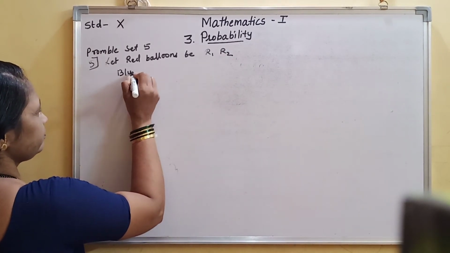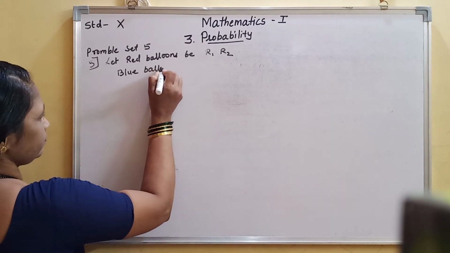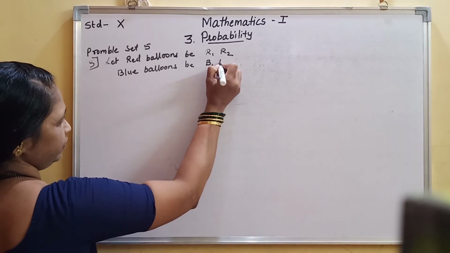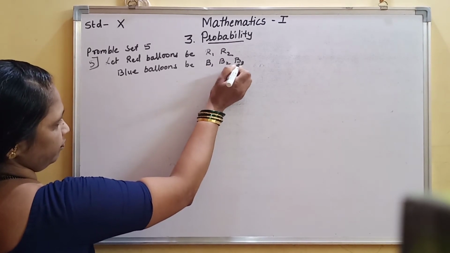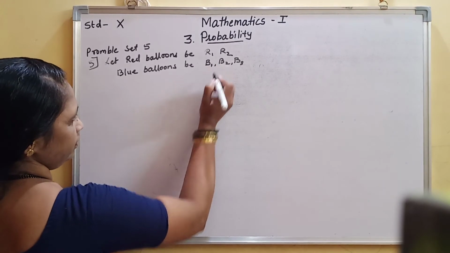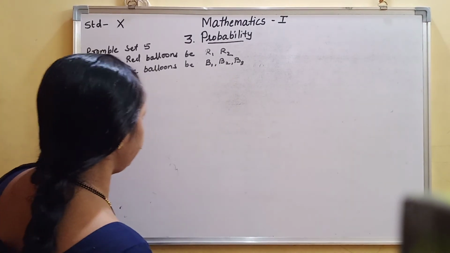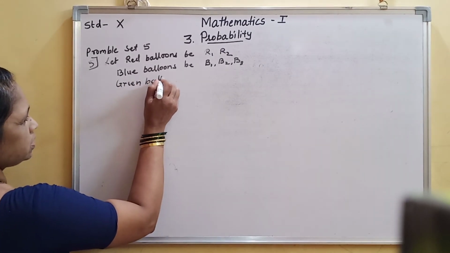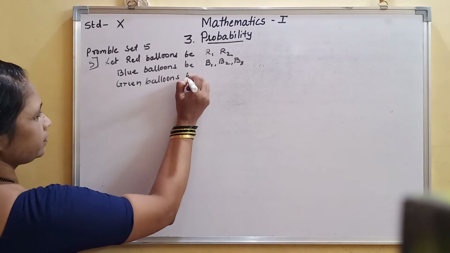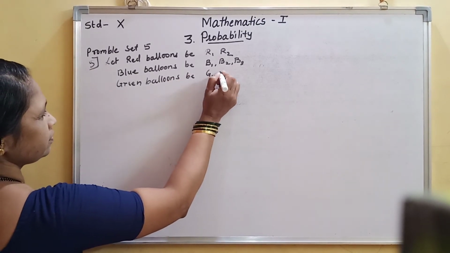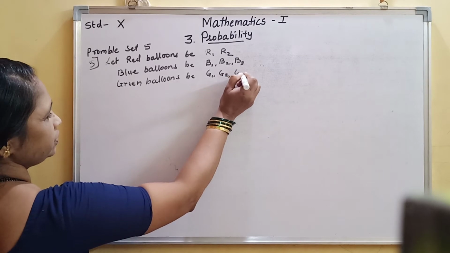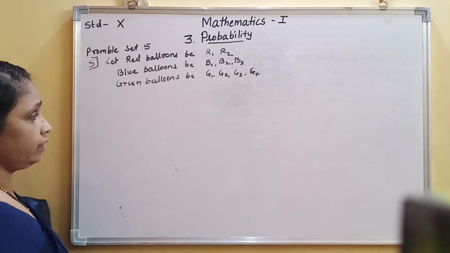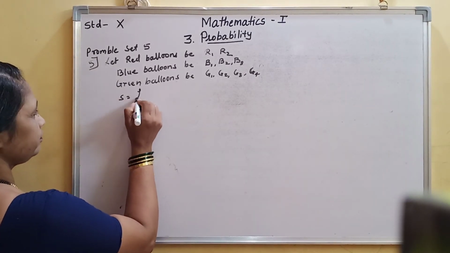Blue balloons be B1, B2, B3, 3 balloons are there. And green balloons G1, G2, G3 and G4.